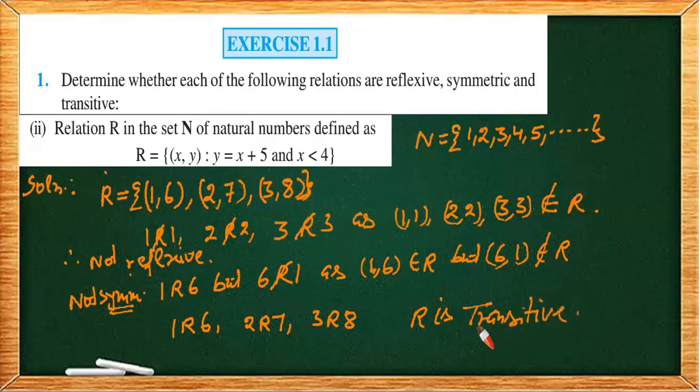Here we have to note that for transitivity, 1 related to 6, 6 should be related to something else, right? In transitivity, A should be related to B and B should be related to C, then A should be related to C. If the relation is transitive, then A will be related to B, B will be related to C, then A will be related to C. But here only A is related to B and further B is not related to any other element C. So this condition is not here.